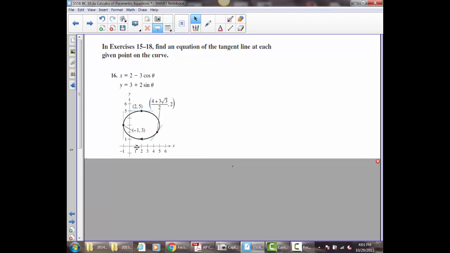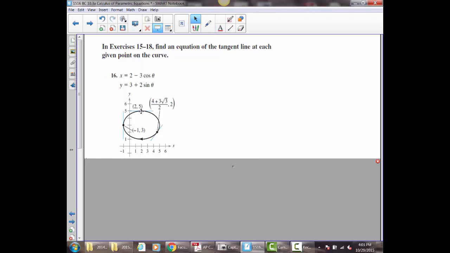So here's number 16. They're telling you this is the graph that you get. It's actually drawn counterclockwise, when you have x equals 3 cosine theta and y equals 3 plus 2 sine theta. So they want you to find the equation of each of these blue lines at each of these points. What is the equation of this blue line, which is tangent to our curve at this weird point?